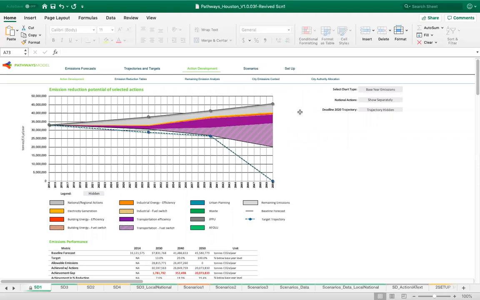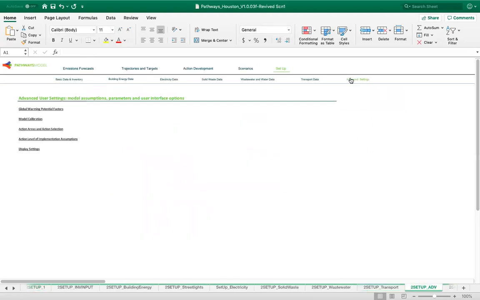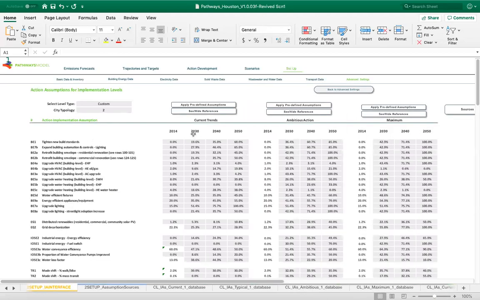As part of that, I'd encourage you under setup to look further at the advanced settings. We didn't go through this, but under the advanced settings we saw global warming potential, GWP, similar, but under the action level assumptions, you can change what those defaults are for current trends, ambitious action, and maximum. This is all editable if you want to change your rapid prototyping approach.